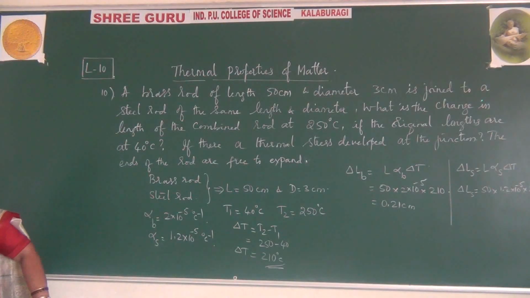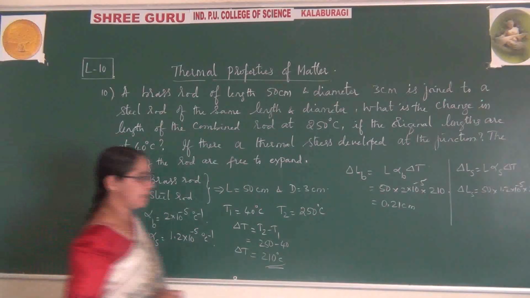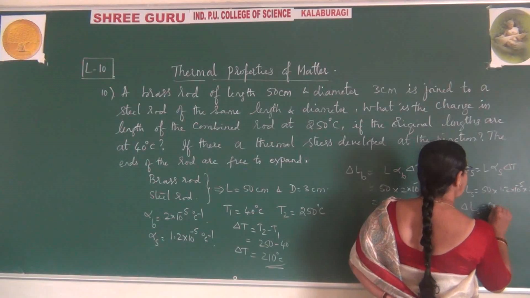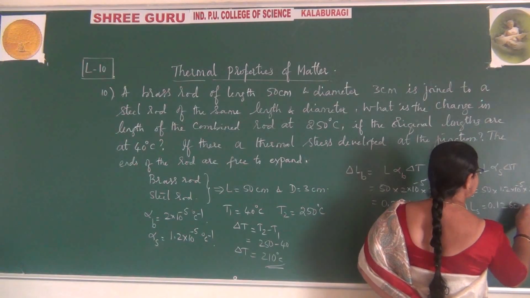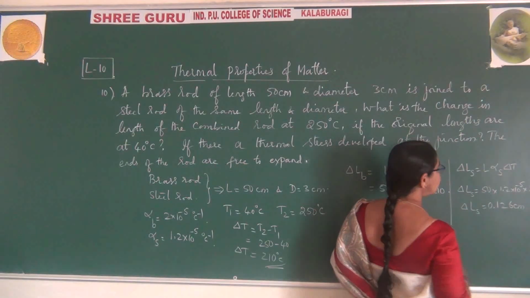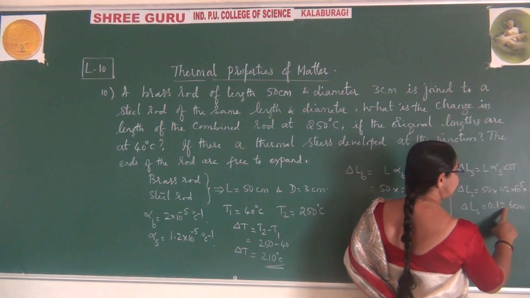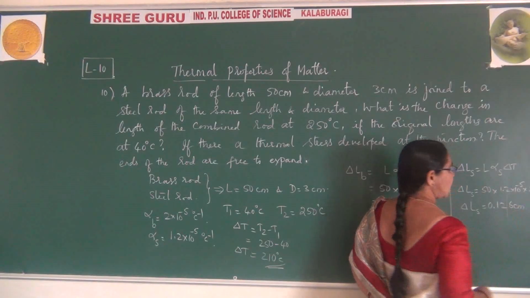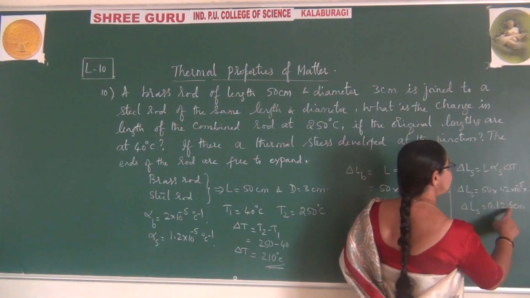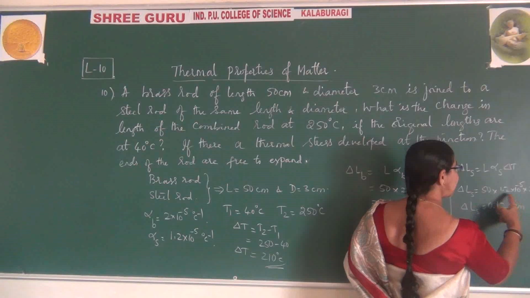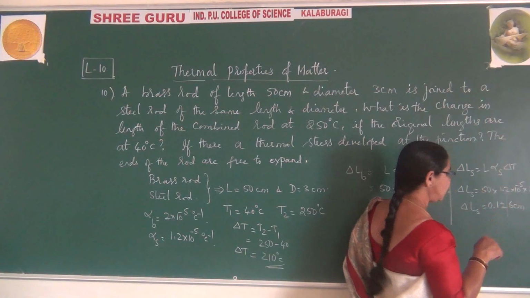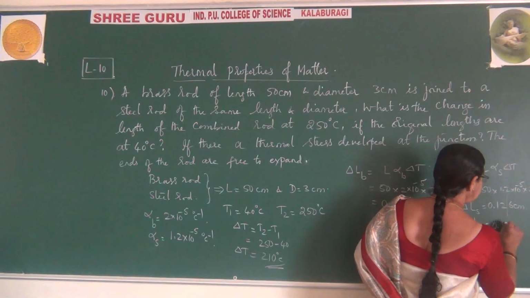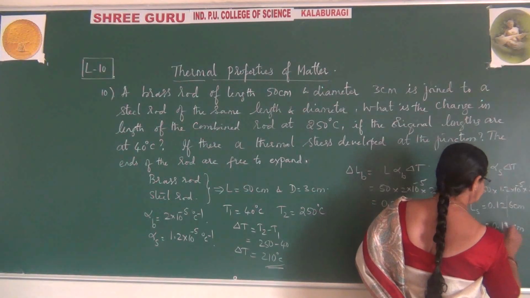For this you get 0.126 centimeter. Please observe, there are 3 digits here. Since the last digit is more than 5, I take an approximation and add 1 to the previous number. So you are ready to write delta LS is equal to 0.13 centimeter.